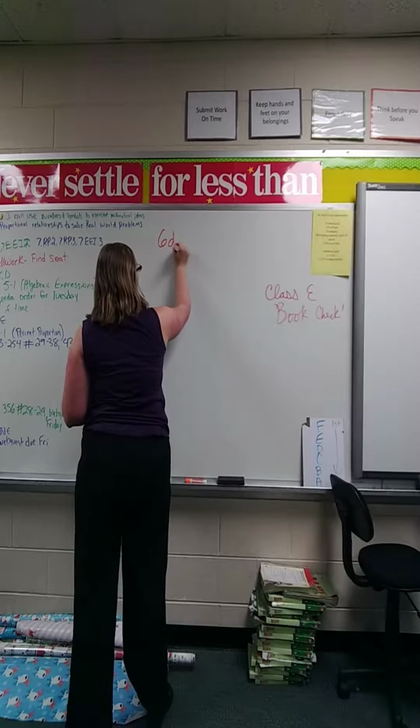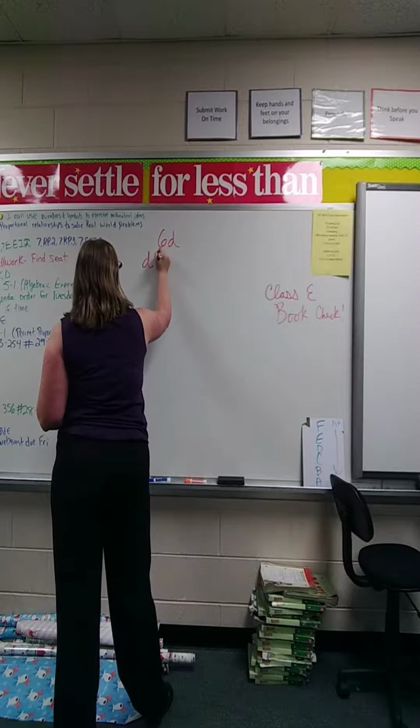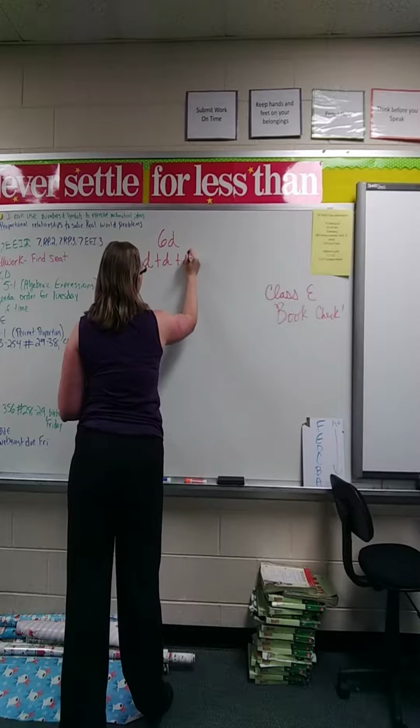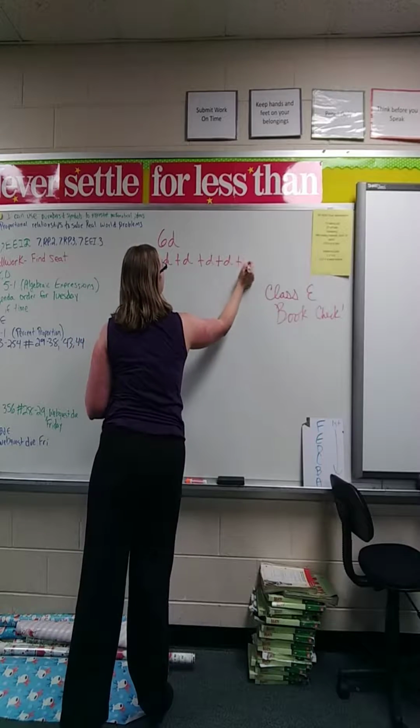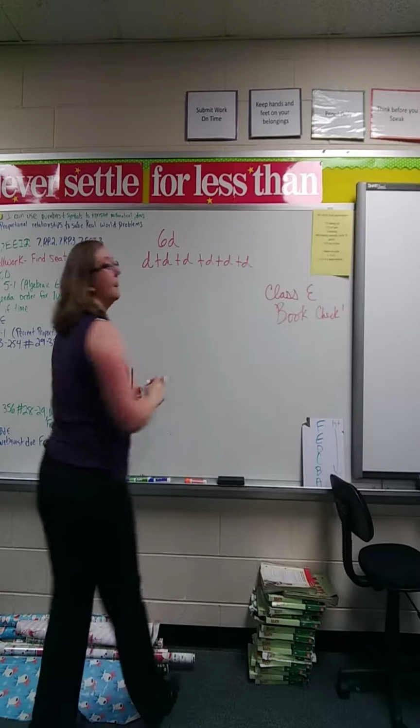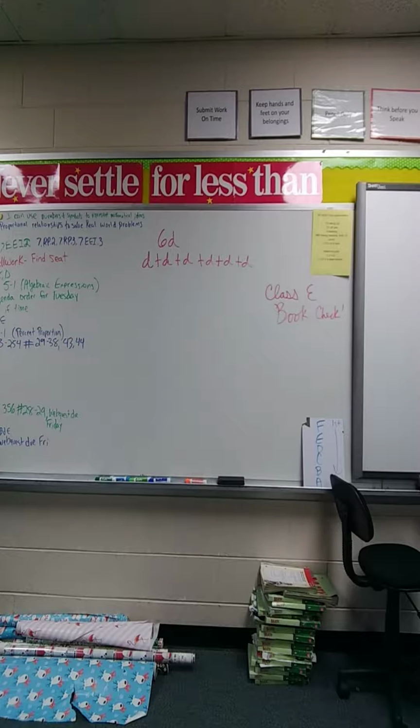6D says that I have D plus D plus D plus D plus D plus D. That means that the variable D is added 6 times.